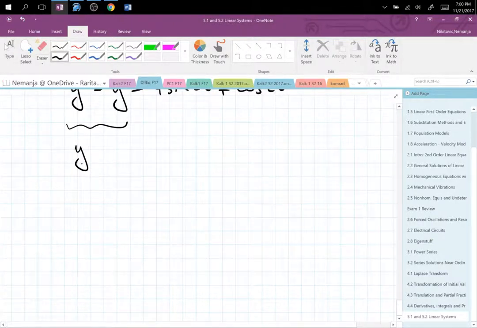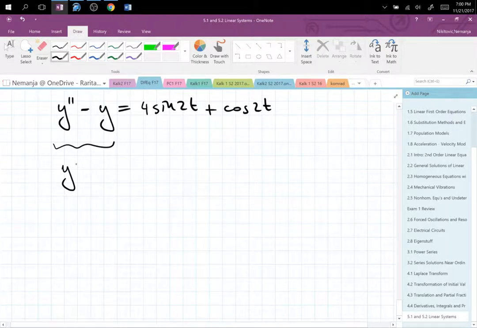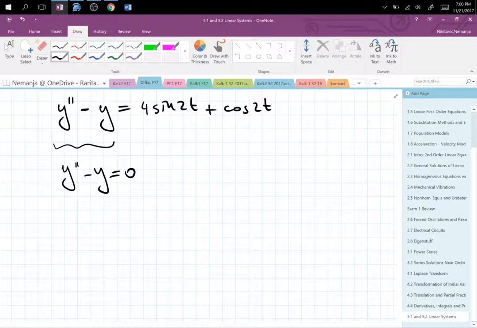So now, y double prime minus y equal to 0 has the coefficients of -1 and +1, which gives us hyperbolic solutions. But you can express them as hyperbolic solutions, or you can express them as e's, whatever your heart desires.